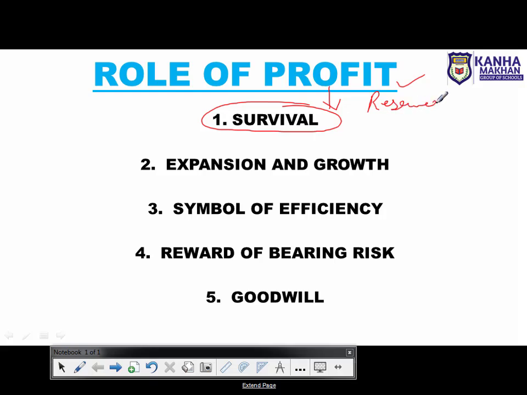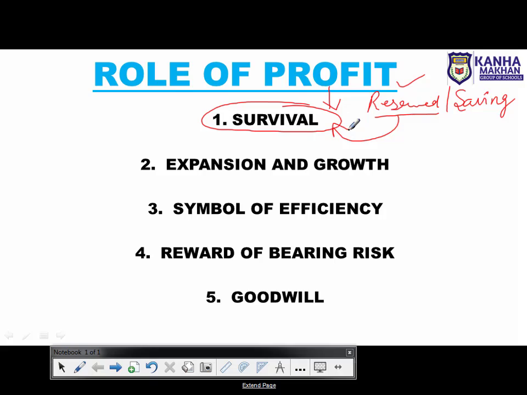Reserve means as a saving, and that saving can be used by the businessman at any time, in the time of emergency. ठीक है, so by keeping this profit as a reserve, the businessman can at least strive for the survival of his business. ठीक है, at least वो survive तो कर ही सकता है इस reserve के साथ, इस saving के साथ.